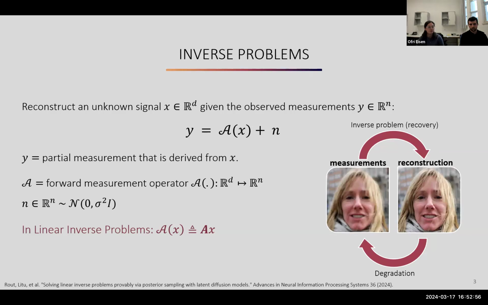First, what is an inverse problem? As we all saw in Mickey's lecture, we have a measurement y, and we want to reconstruct the original image x. We also have the forward operator, which does the degradation of the image. In linear inverse problems, the forward operator is a linear combination of the matrix A and the image x.